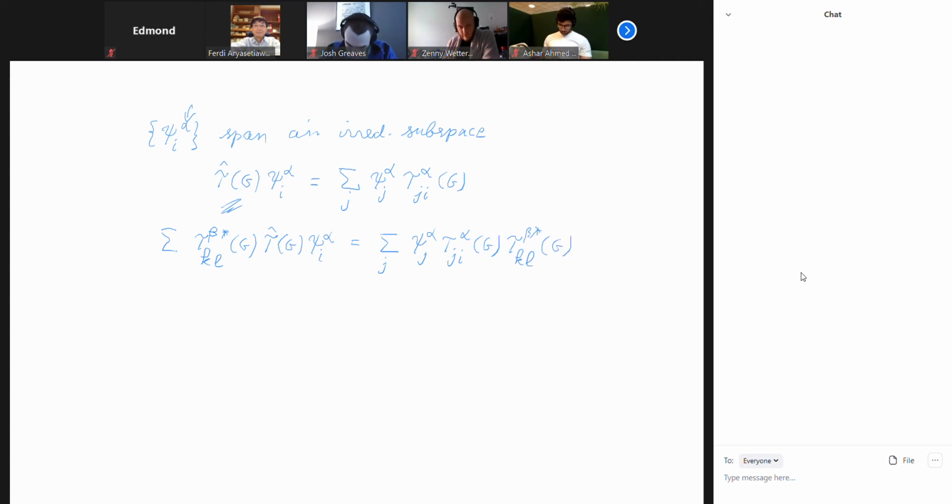And then we sum over the group elements. I need to have a sum also, here over the group elements, because we want to make use of the orthogonality theorem. So when we sum over the G, what do we get here?